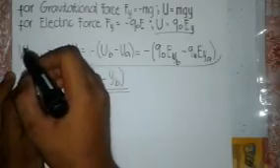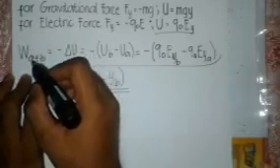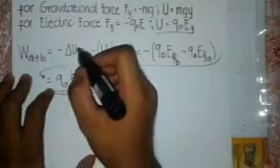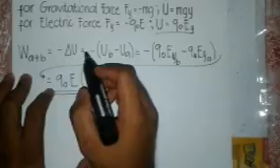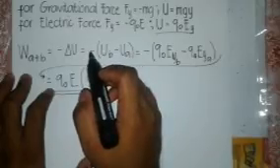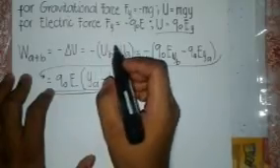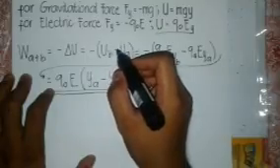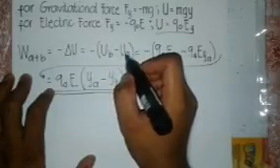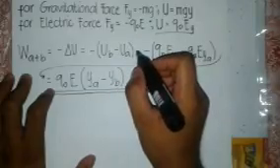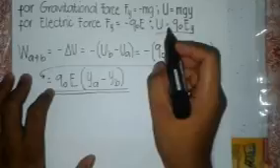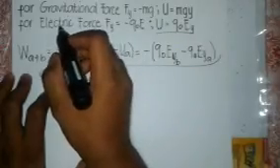So the work done by force from point A to point B is equal to the negative change in our potential energy. So that is equal to the negative of our potential energy at point B minus the potential energy at point A. So we substitute the value of our potential energy for our electric force.